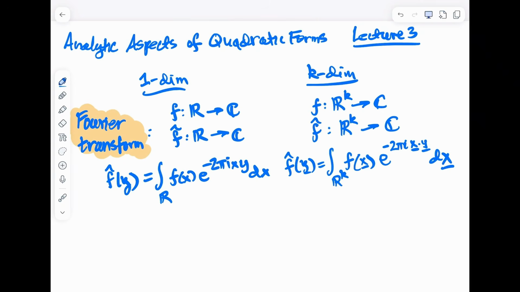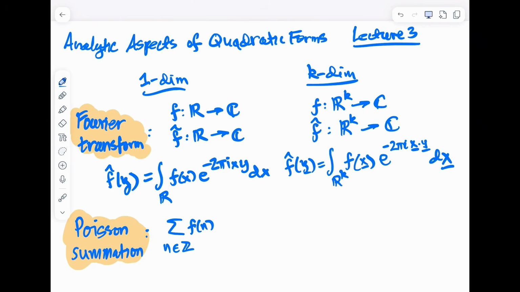And the Poisson summation formula looks the same in both settings. In one dimension, if I sum over all integers of a function for which I can talk about the Fourier transform, and these series converge, so everything makes sense, then if you sum a function and its Fourier transform over the integers, you get the same value.